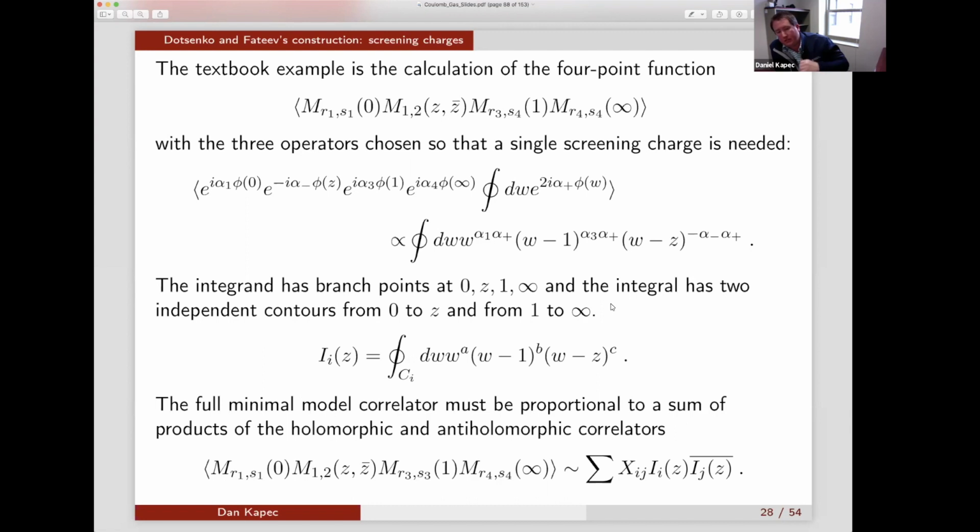And the observation, due to Dotsenko and Fateev, is that the full minimal model correlator has to be proportional to a sum of the products of the holomorphic and anti-holomorphic calculation that we're doing on this slide. So really the name of the game is nailing these coefficients X_ij, which appear as relative coefficients in the different terms.